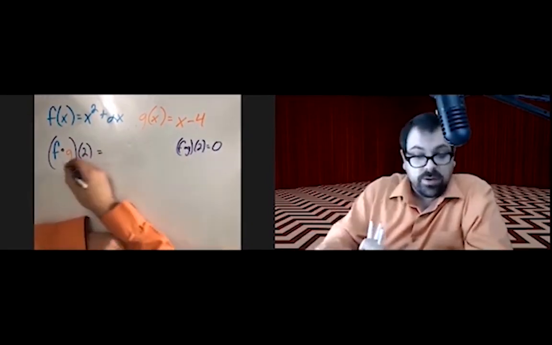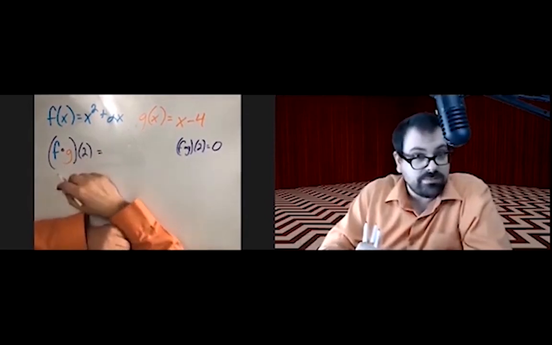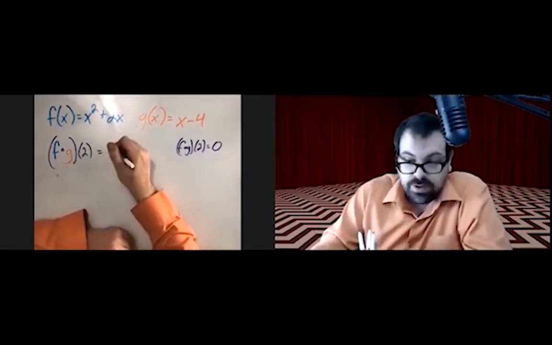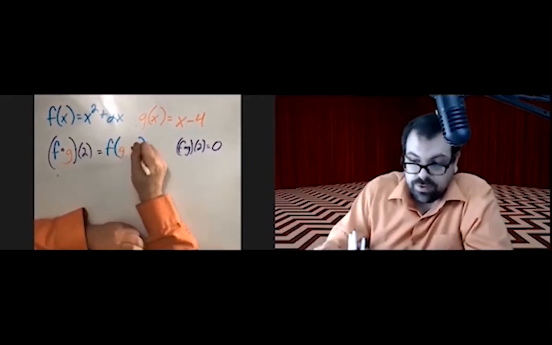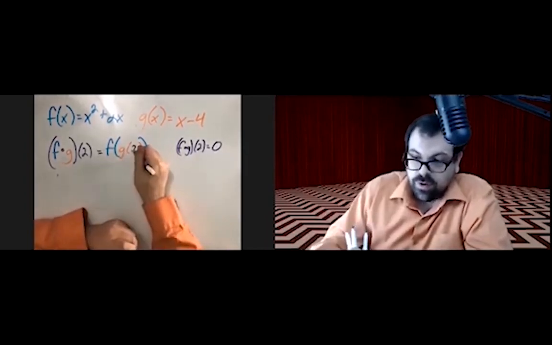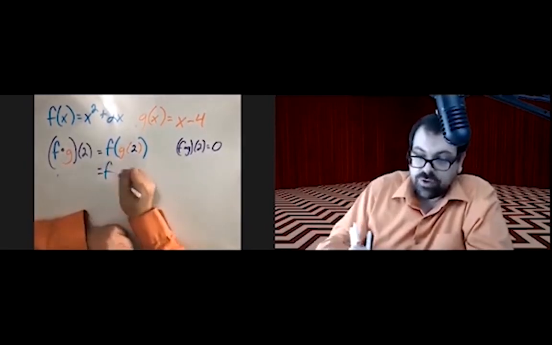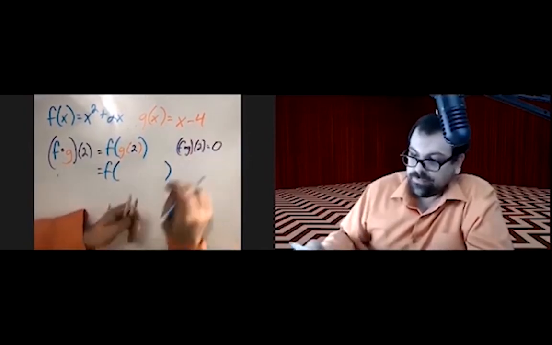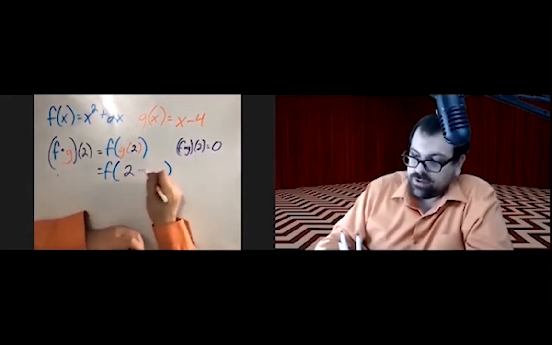Well, F composite G, or as I might as well just read it, F of G of 2. What is G of 2? We can find that easily by plugging 2 into G. That's 2 minus 4.